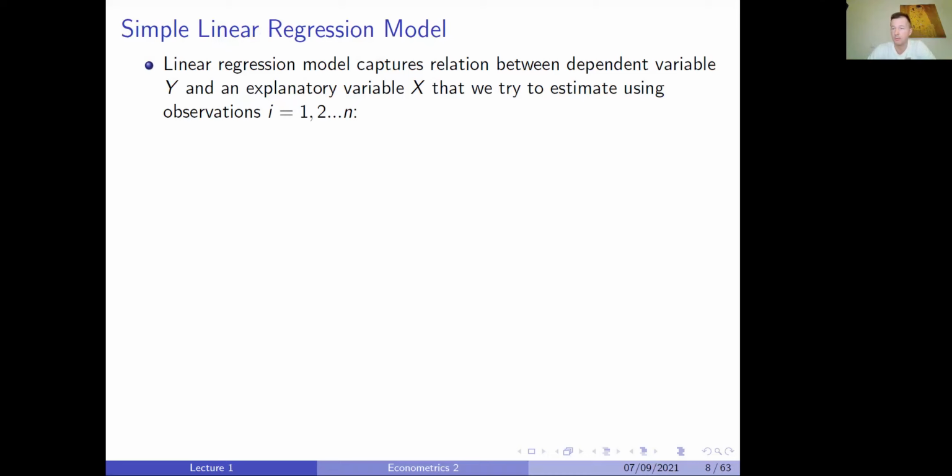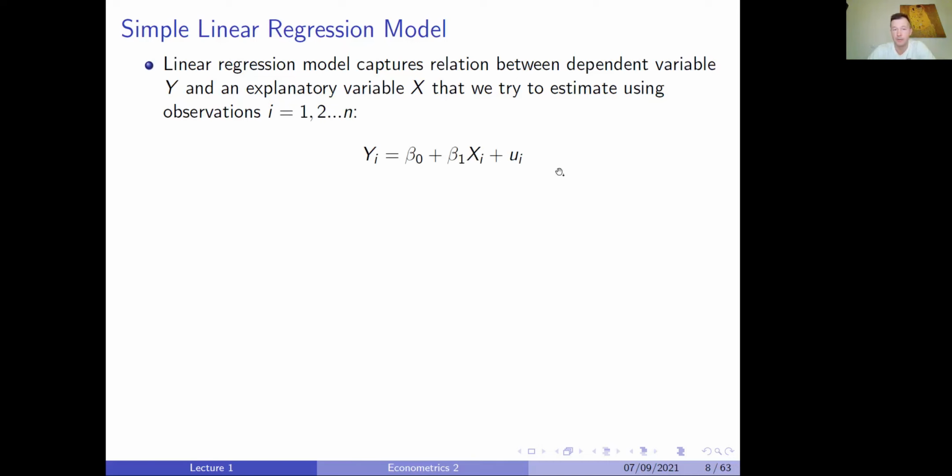We have two variables, one variable y, we call this dependent variable, and another variable x, which is an explanatory variable. And we try to estimate their relationship or the effect of x on y using observations, using data, and these observations are denoted from 1 to n.